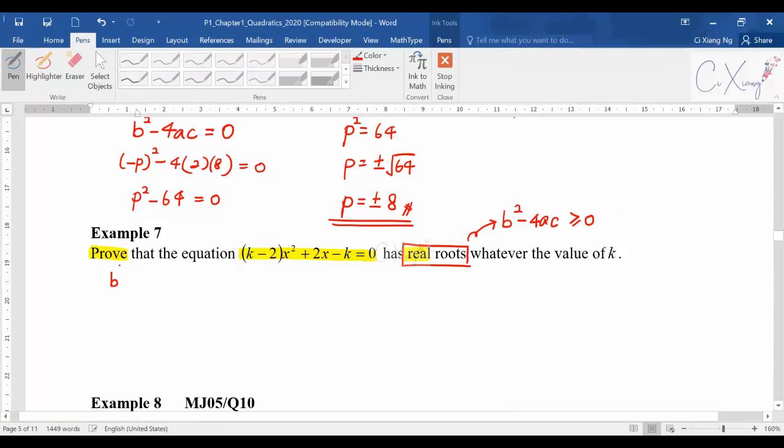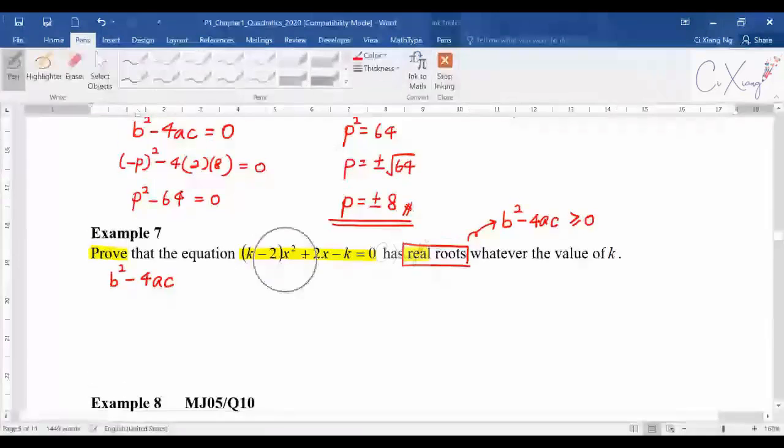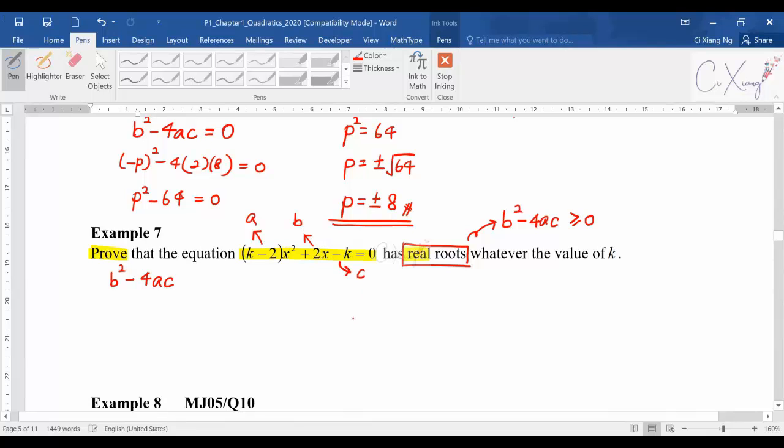Okay, so I have b squared minus 4ac. Look at this quadratic equation here. What is a? a is k minus 2. What is b? b is 2. What is c here? c is negative k.